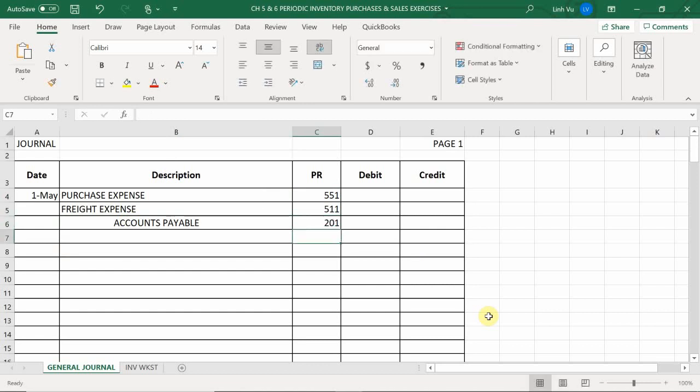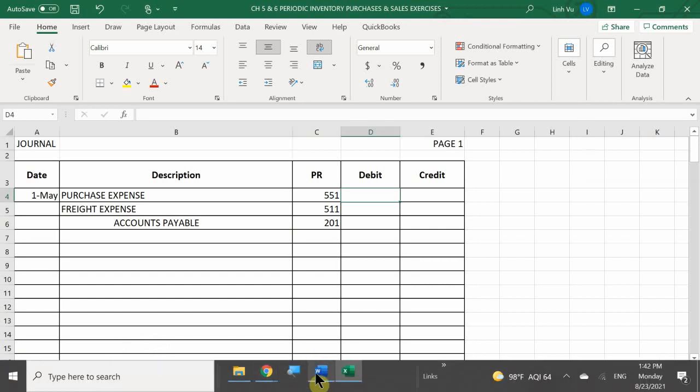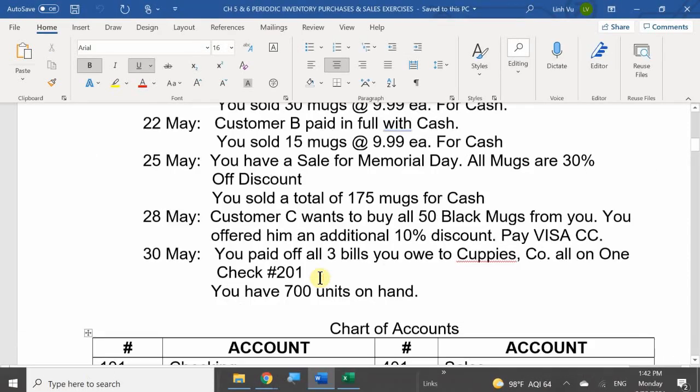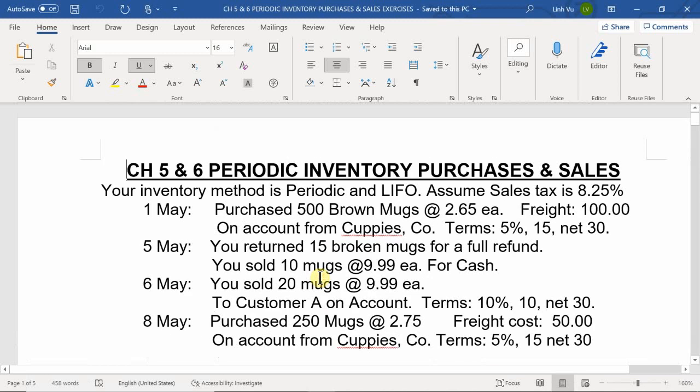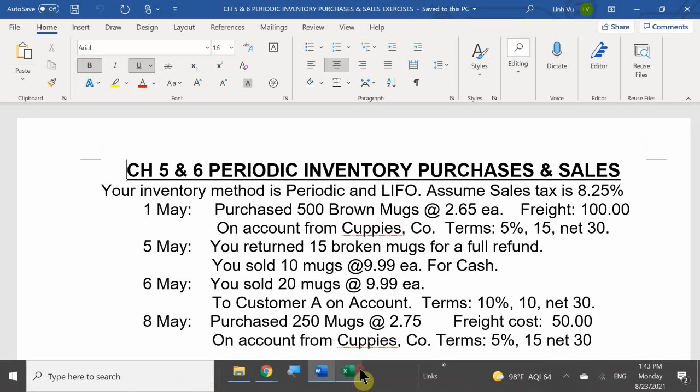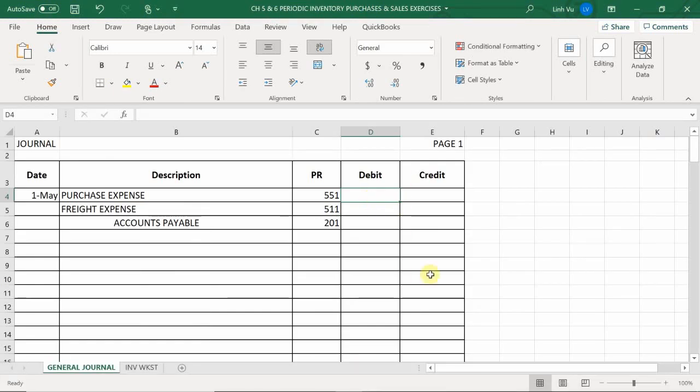All right. So how do we figure out our numbers here? If the scenario says that we purchased 500 brown mugs at $2.65 each, and freight was $100. $1,325.